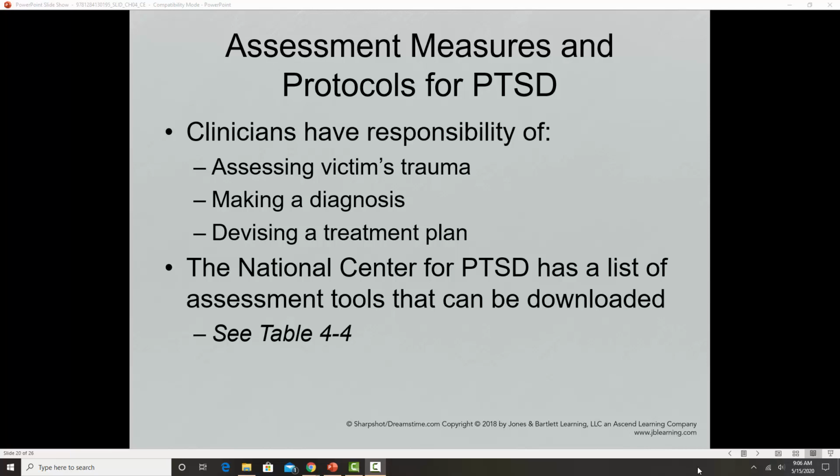And again, we're talking about clinical psychologists or psychiatrists. These are tools that you can use along with clinical meetings. So meeting with a patient in person, maybe a couple of times, and then giving them one or more of these assessments will allow somebody to effectively and correctly diagnose post-traumatic stress disorder.